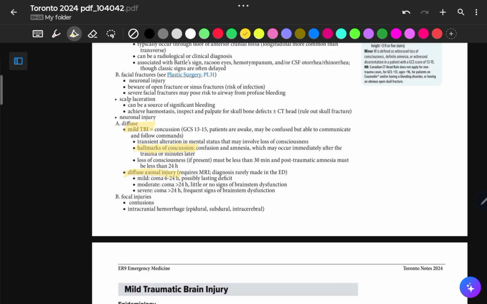And this involves contusions, right? It could be the frontal or the parietal area that is affected, or it could be an intracranial hemorrhage, such as your epidural, your subdural, your intracerebral hemorrhage. So those are your focal type.